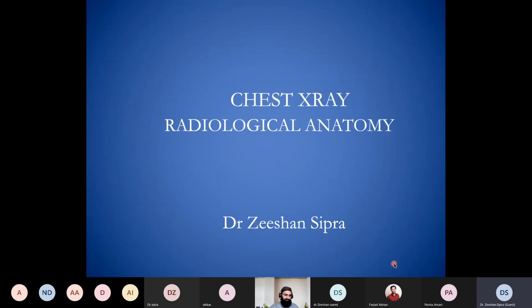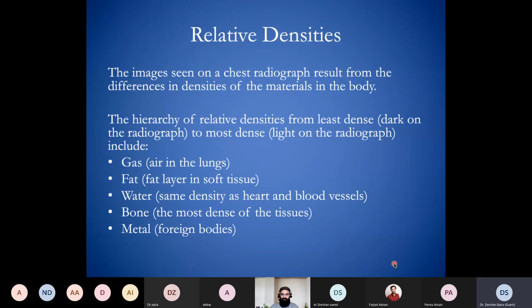If we know the anatomy, that's the key to accurate diagnosis and interpretation of the chest X-ray. So this slide appears to be the basis of any radiograph, rather CT scan.